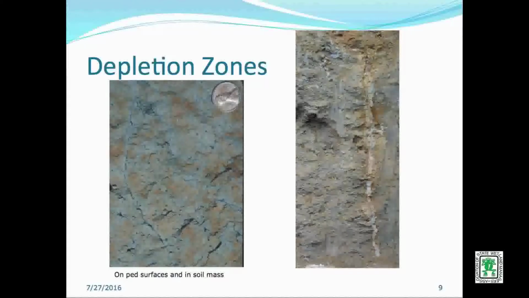You can also see that iron has migrated away from the center of the macropore and toward the mass of soil on either side. What I could say is that if you get continued reduction and removal of iron in these vertical macropores, this is where you would likely find a loss of clay as well.